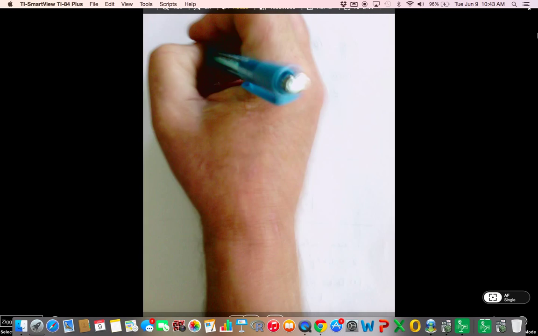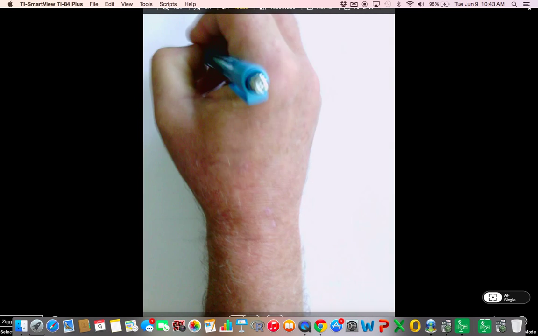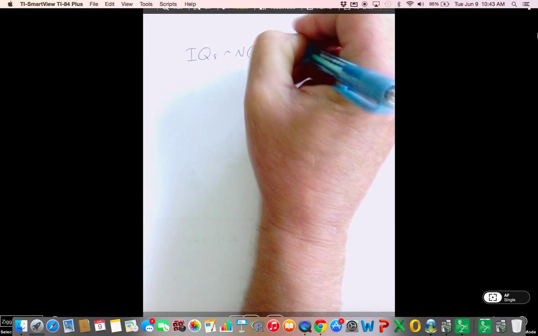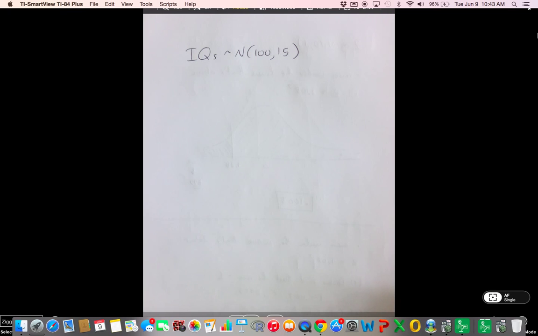Now, we don't always have to have these problems for the standard normal distribution. Sometimes we can work other things. Just like we talked about earlier, IQs form a normal distribution with the mean of 100, standard deviation 15.